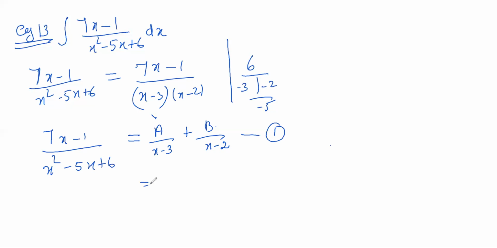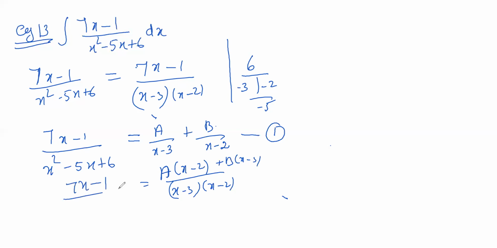Right. Now take the LCM, x minus 3 into x minus 2. Then here it is a into x minus 2 plus b into x minus 3. Here 7x minus 1 by x squared minus 5x plus 6. Right?